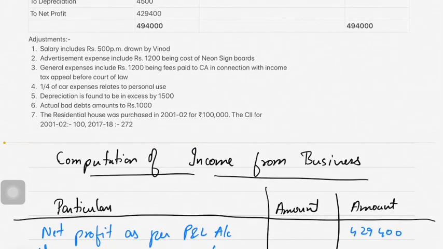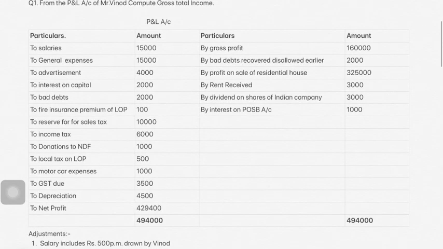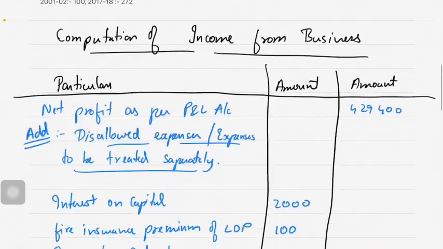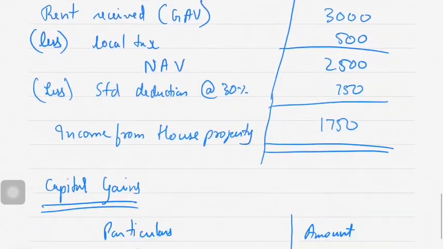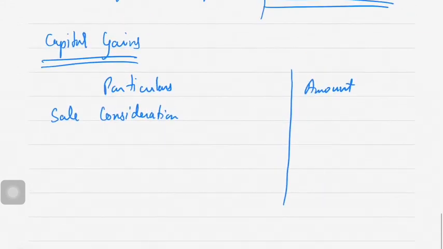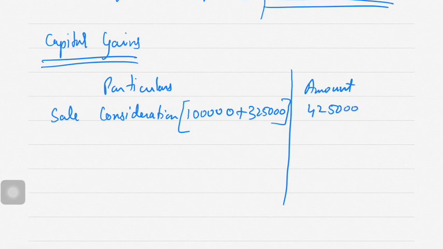So that is the profit. Okay, and see adjustment 7, residential house was purchased in 2001-2 for 1 lakh. That means at 1 lakh it is purchased, 3,25,000 is the profit. That means it is sold for 4,25,000. Correct?